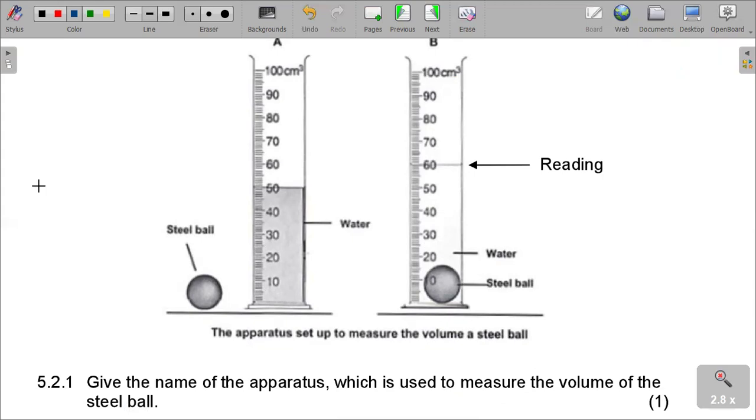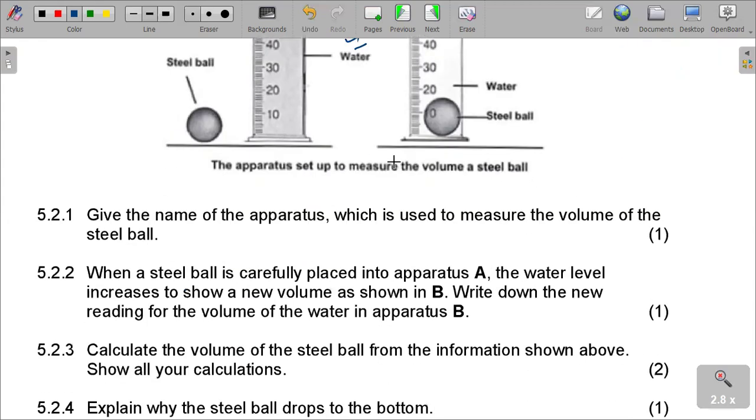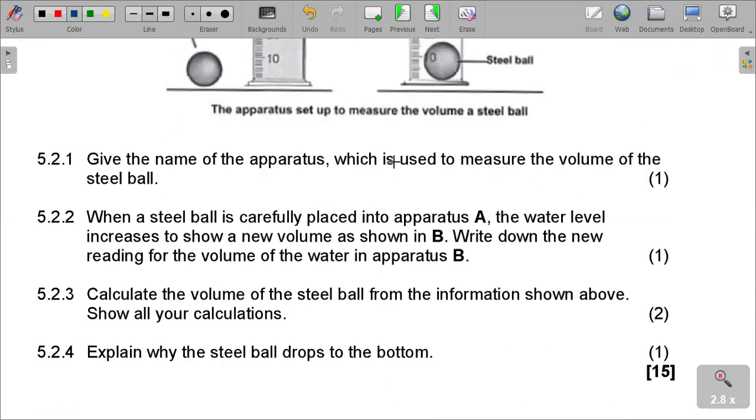The steel ball is given there, and we have the water that is reading in diagram A and B. So the first question, 5.2.1, is: give the name of the apparatus which is used to measure the volume of the steel ball.